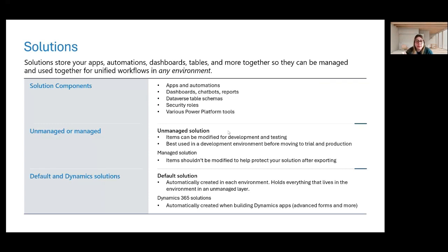Here items can be modified for development and testing. While you are working, your solution is open, so your box is open. You are developing, changing components, working on things, adding things. And then you should use unmanaged solutions in a development environment.